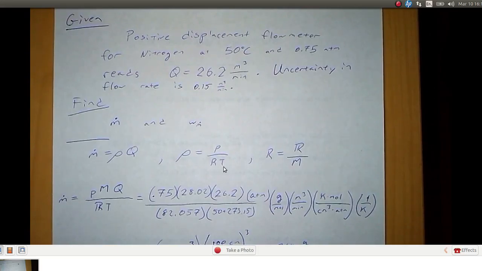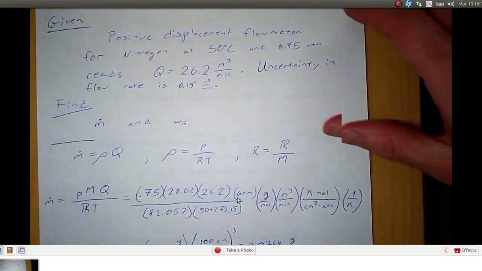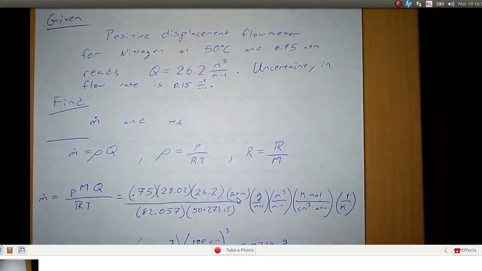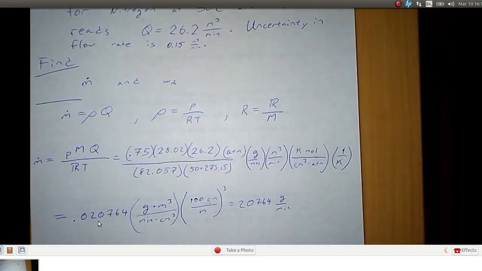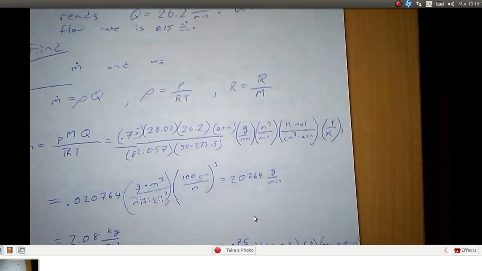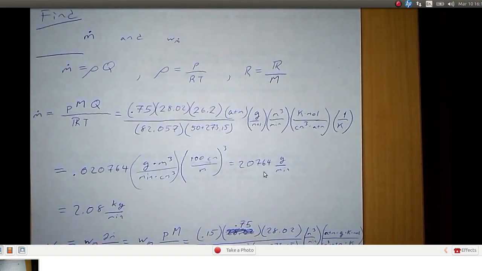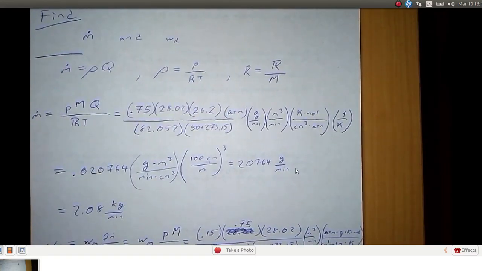So we have R times temperature in the denominator here. Now, plugging in all the values that we're given, we end up with a mass flow rate of 0.0208 grams meters cubed per minute centimeters cubed, and just multiply by 100 cubed to get rid of the centimeters and meters cubed, and we end up with 20,764 grams per minute.